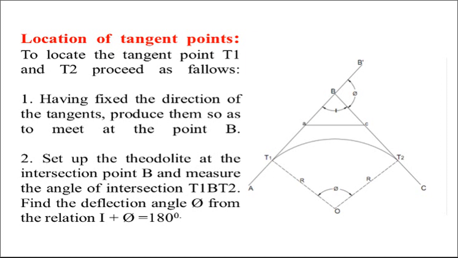Now from this, find the deflection angle phi by the equation I plus phi is equal to 180 degrees, because these two angles are in a straight line. So the summation of angle I and angle phi is always 180 degrees.